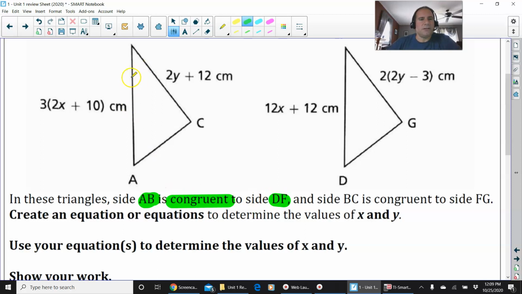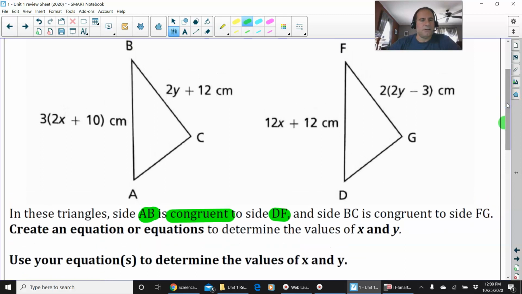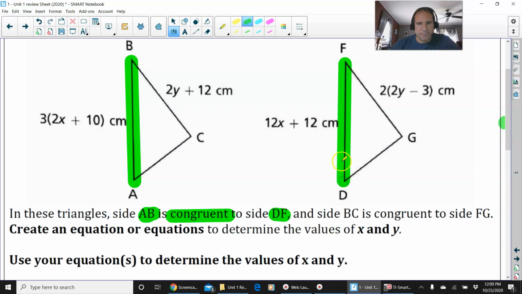And when I say congruent, AB, which is this side, is congruent to DF, which is this side. Okay, that means that they are equal to each other. AB is equal to DF.